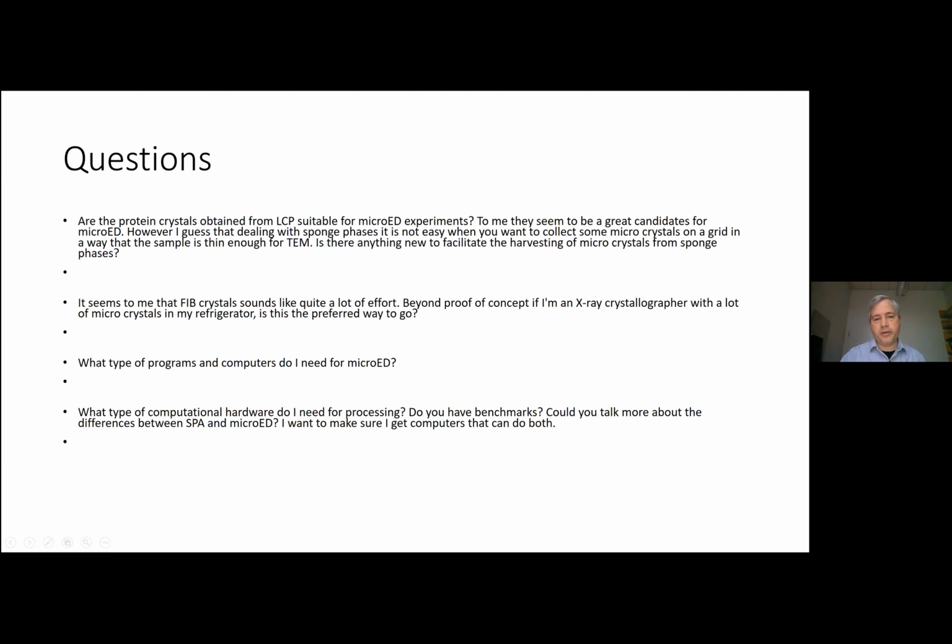FIB means the thinning of larger crystals by FIB milling to make them small enough for MicroED. I have a feeling that if they're that large, hopefully you could go for X-ray crystallography. I don't think FIB milling is likely the way to go unless nothing else works, because it is much more work, you need another microscope, and it complicates things.